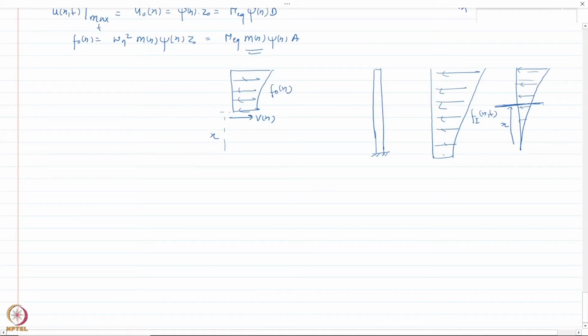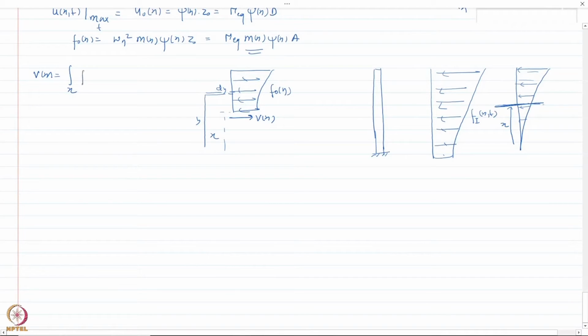So to do that, let us consider a small element which is at height y and of differential height dy. So this is not fx now, let us say this is f naught y. So Vx basically is the integration from x. First let us write down the expression for the sum of all the forces.